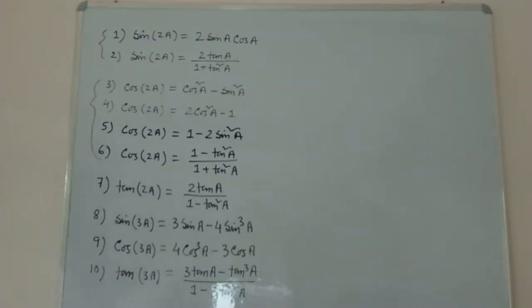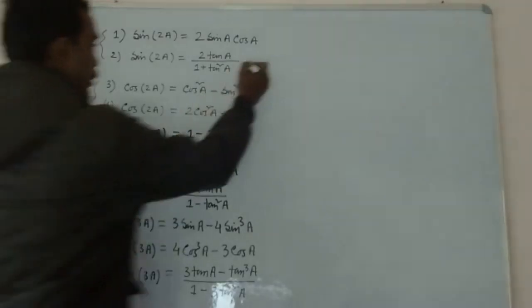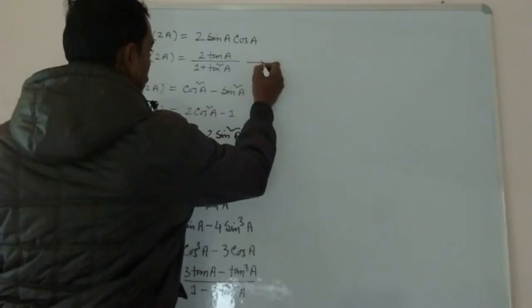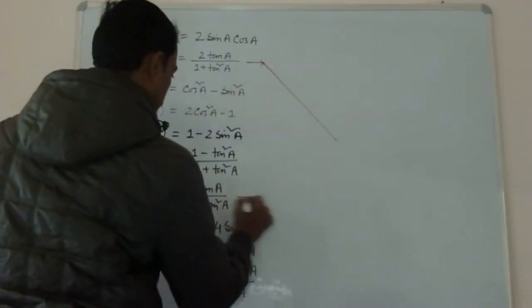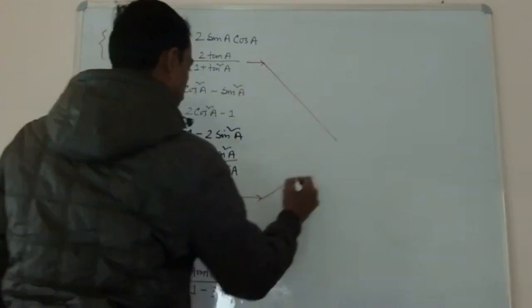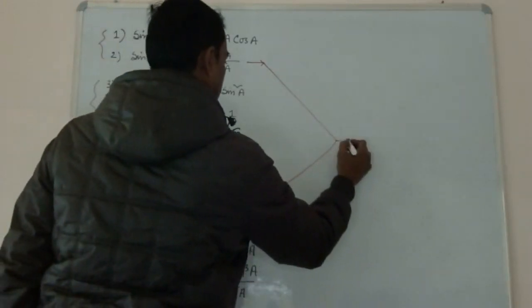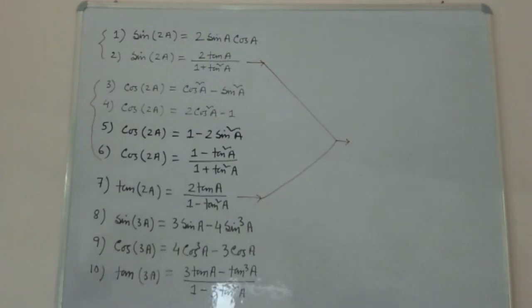Now, one thing, you should be very cautious about. Look here, formula number 2 and formula number 7. They are very similar. Formula number 2, sin 2A, and formula number 7, tan 2A.